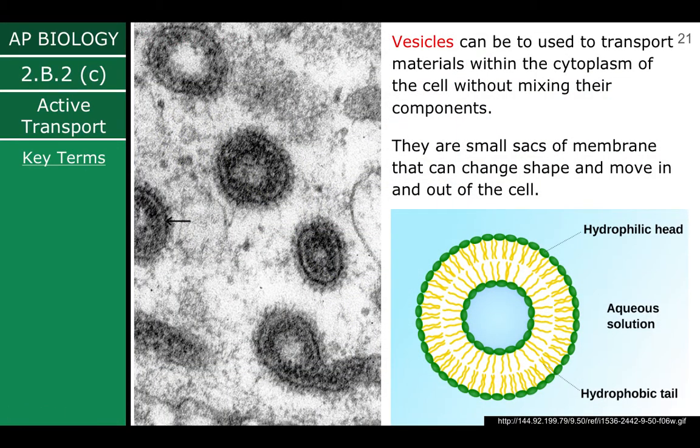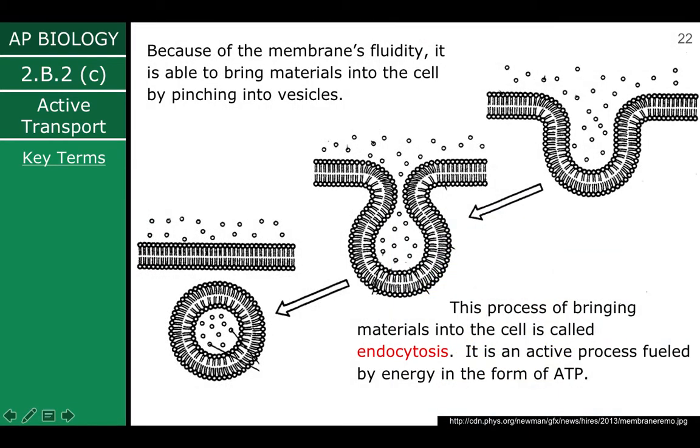All right, so in the cells we have something called vesicles, which are used to transport materials throughout the cytoplasm without mixing anything. So it kind of creates this little barrier here. Our vesicles are also going to be made up of the same phospholipid bilayer, and they're actually able to move in and out of the cell.